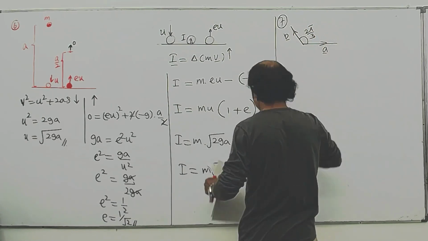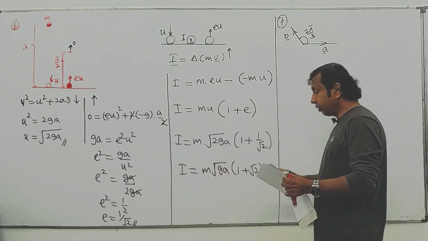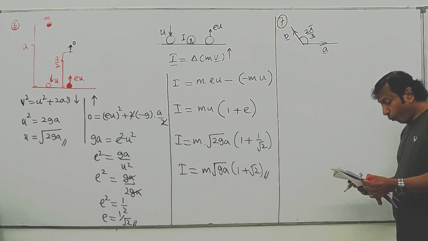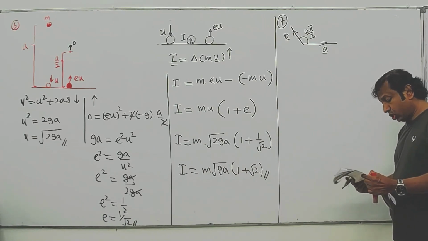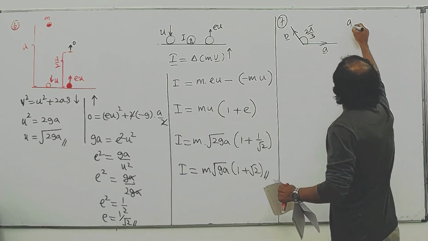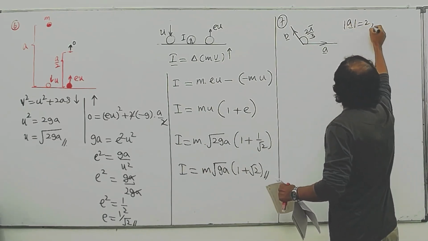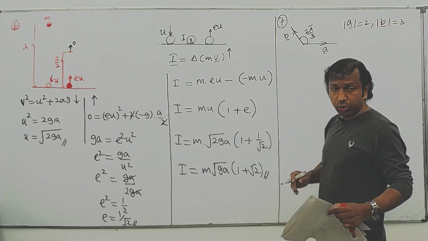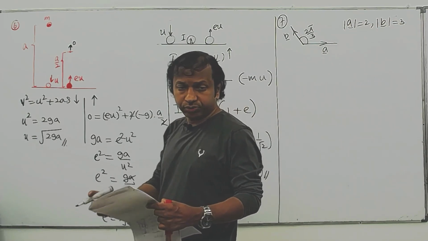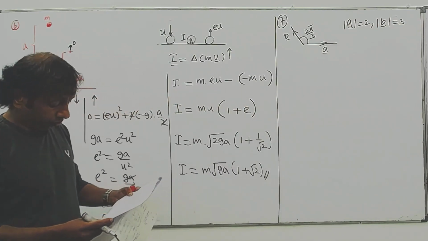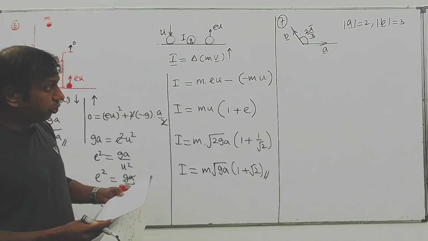Now, next, given mod A is 2, mod B is 3. Find A dot B.